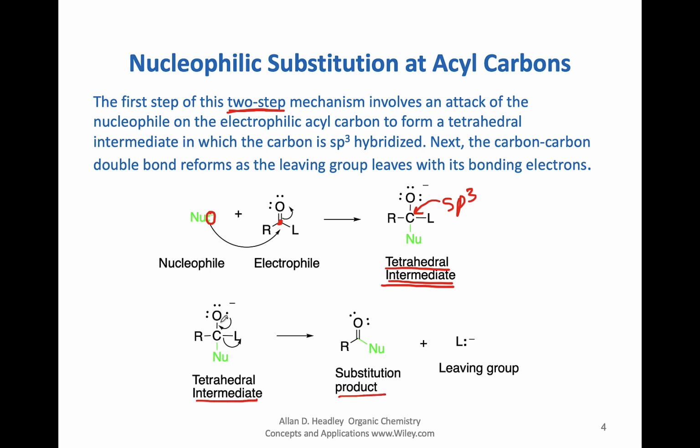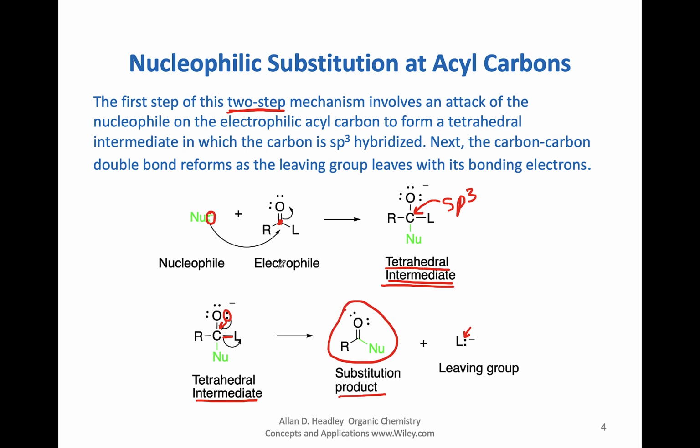How does that happen? These electrons here reform the double bond, as you've seen here from that arrow, and the leaving group leaves with its electrons, to form a new compound, and that's the substitution product.